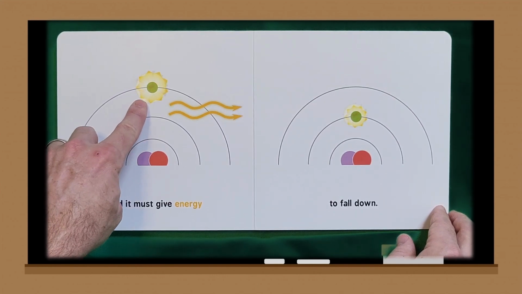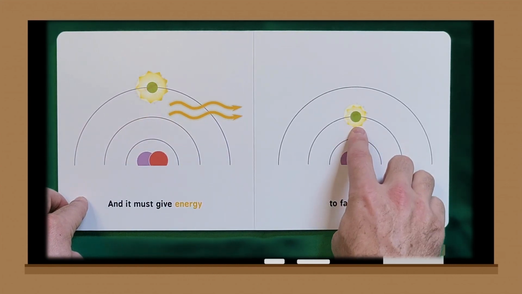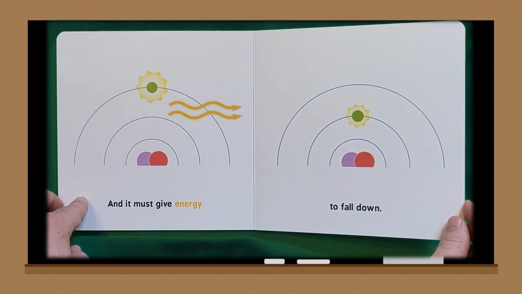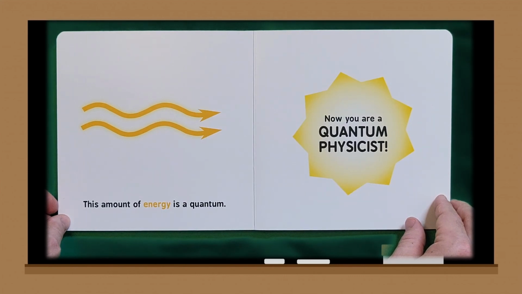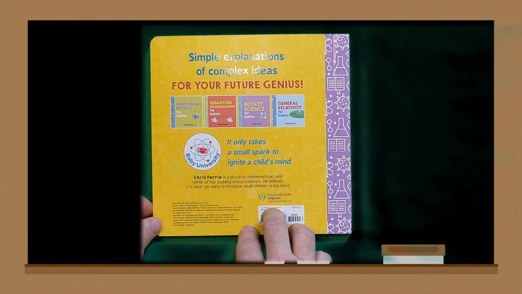See our electron? And it's giving energy, and that means it falls down. This amount of energy is a quantum. Now you are a quantum physicist. What a great book!